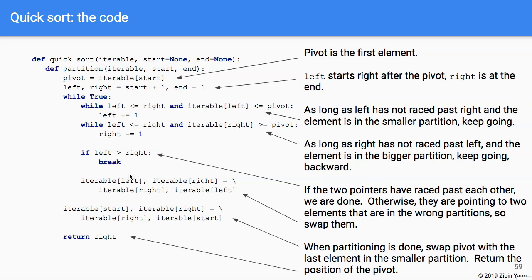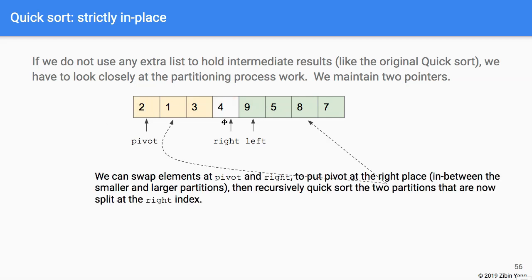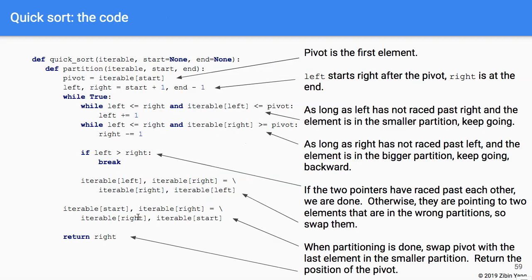In that case, we can just swap them, right? And when we're done with this loop, that means everything's in the right place. That means we are in this picture now. And then the next step is we swap what's at the pivot with what's at the right pointer. So that's what this is doing when the loop is done.